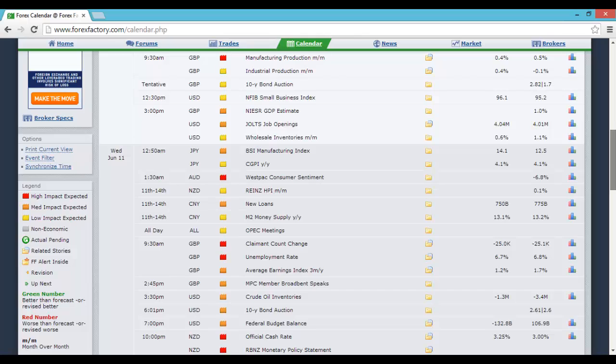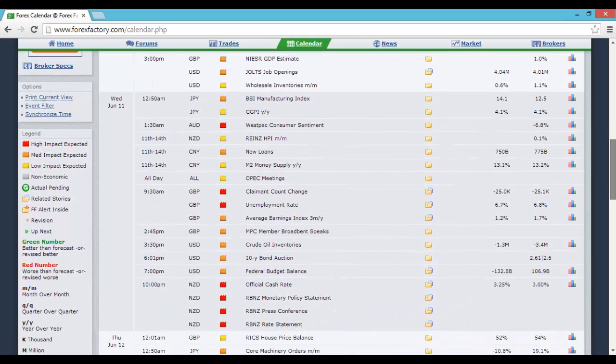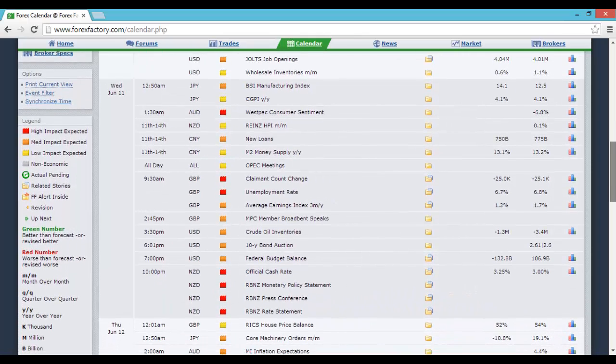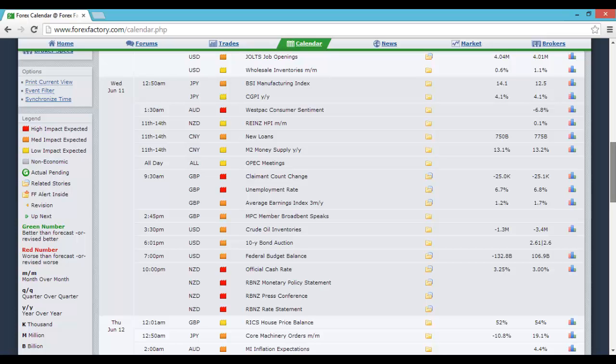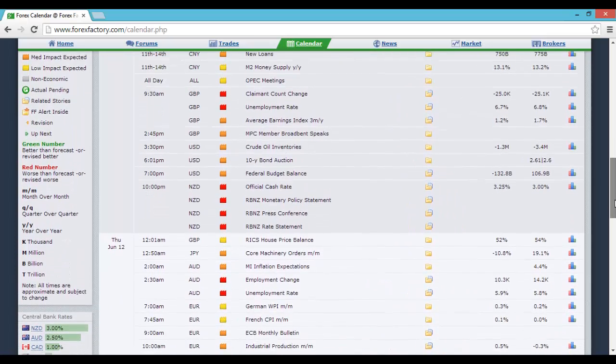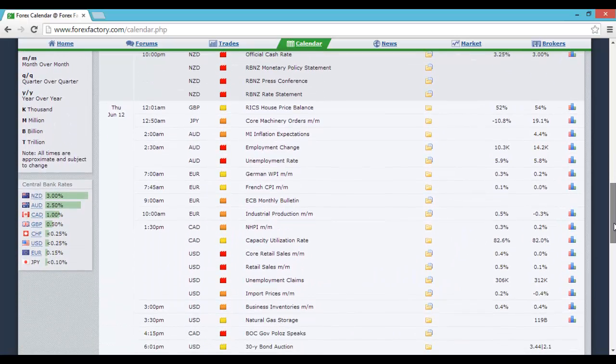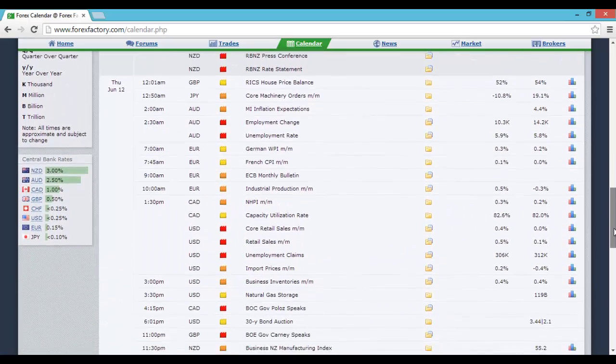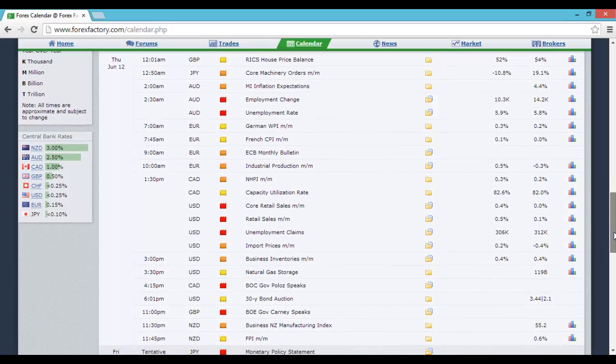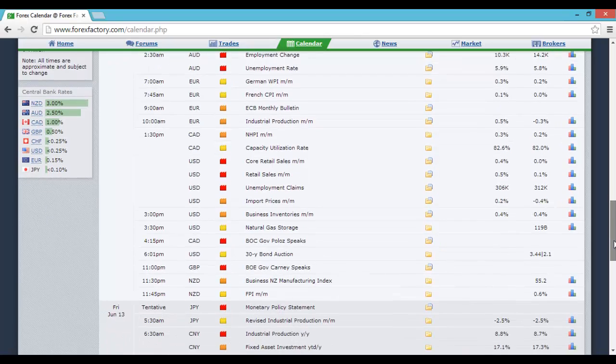Tomorrow we have more overnight Aussie. We have more UK data at 9:30, so the unemployment rate and claimant count change, and then more overnight data from New Zealand. Thursday, you've got more overnight data from Australia, and then out of the US, the first headline US data: the retail sales, core retail sales and weekly jobless claims.